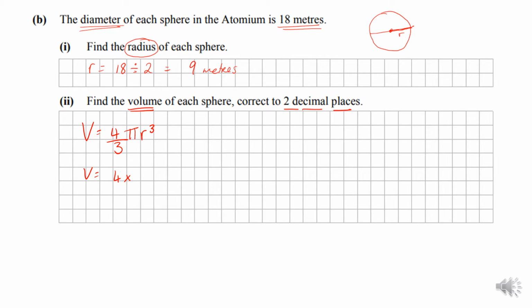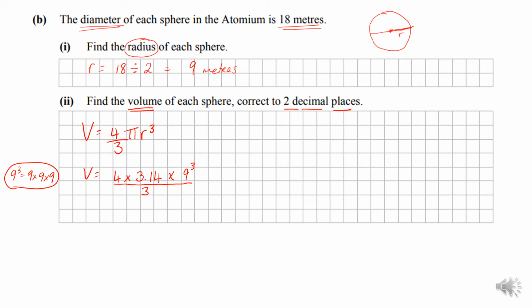Now pi, we're asked for our answer in 2 decimal places, so we'll give pi in decimal form, 3.14. Multiply by our radius, which from part 1 is 9 cubed. 9 cubed will be 9 times 9 times 9. And all of that, we can divide first or later, it doesn't matter. We'll divide all of that by 3 at the end.